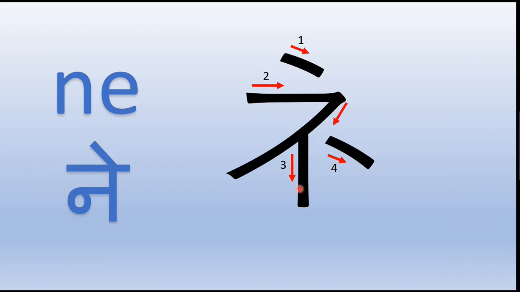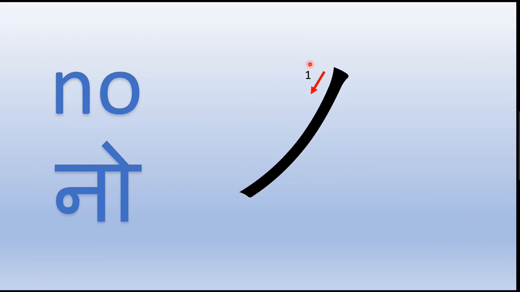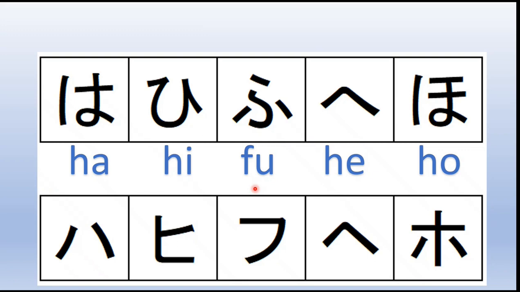Then we have this vertical stroke as the third stroke, and the final one, the fourth stroke, like this, which is parallel to stroke 1. So this is ne. And the final one is no, which is just a steep slope kind of segment from top to bottom and from right towards the left. So this was na, ni, nu, ne, no.